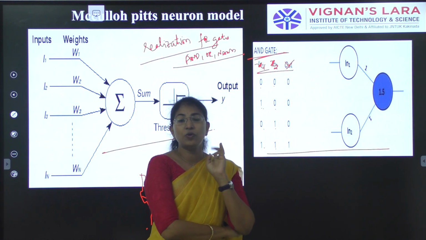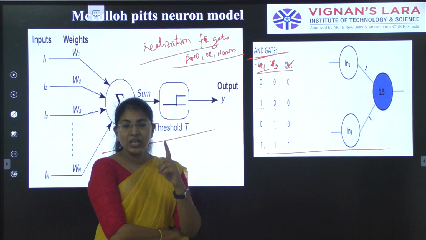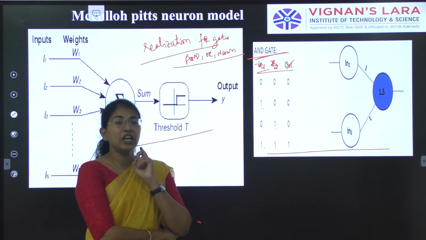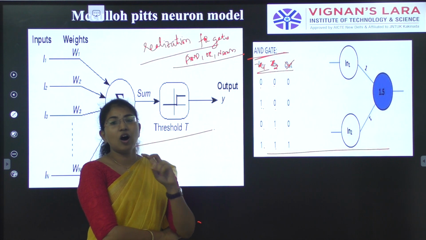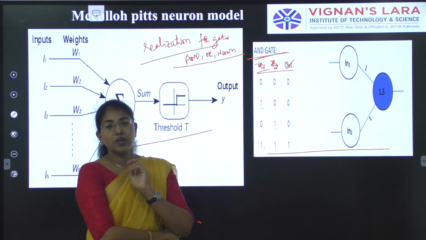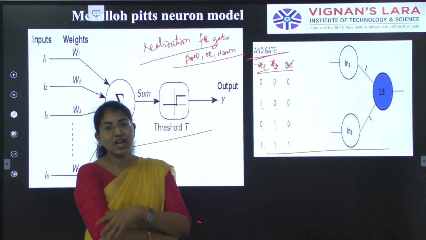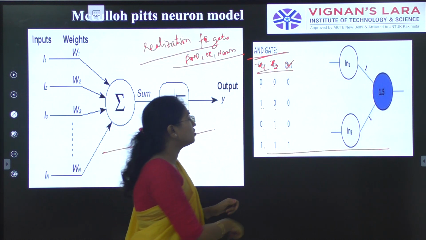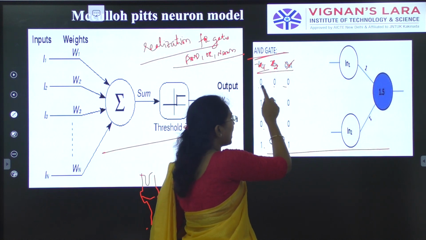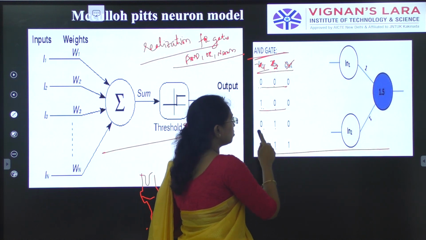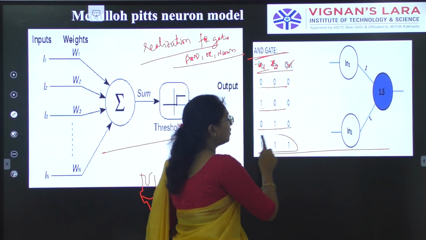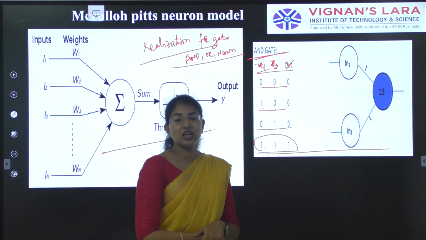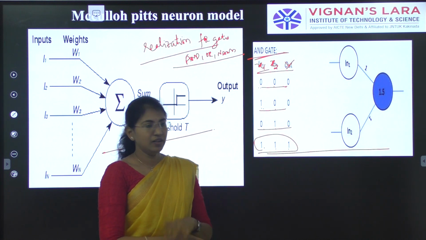We will get the output of the AND gate as 1 only if both the inputs are 1. If even one of the inputs is 0, or both the inputs are 0, we will get the output as 0. So 0,0 gives 0; 1,0 gives 0; 0,1 gives 0; and 1,1 gives 1, since both the inputs are 1. This is the logical truth table for the AND gate.